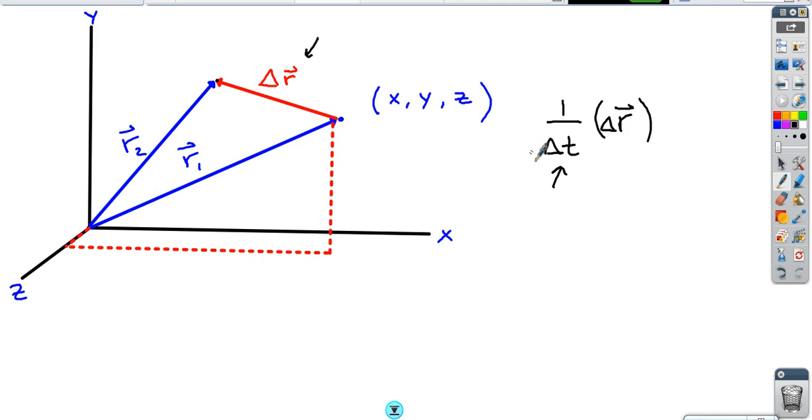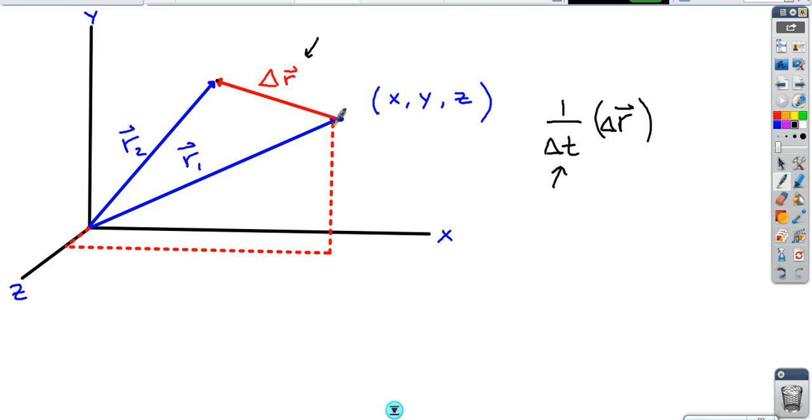So the only thing that this does is scale the delta r vector a little bit differently. If this is a number greater than 1, it'll make this vector bigger, and if this number is less than 1, then it'll make this vector smaller.